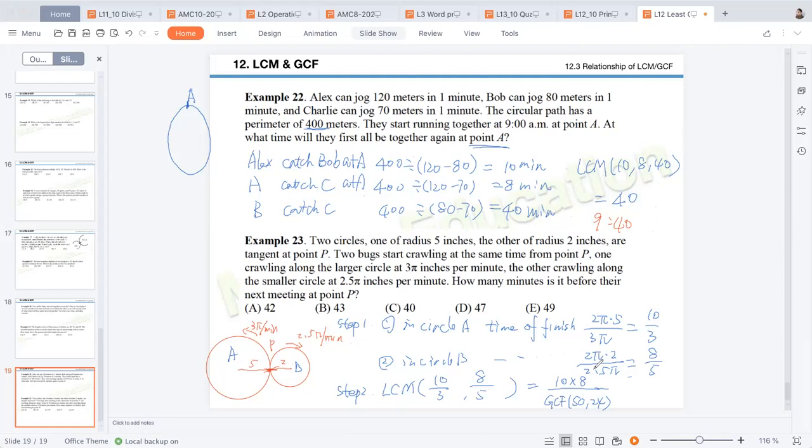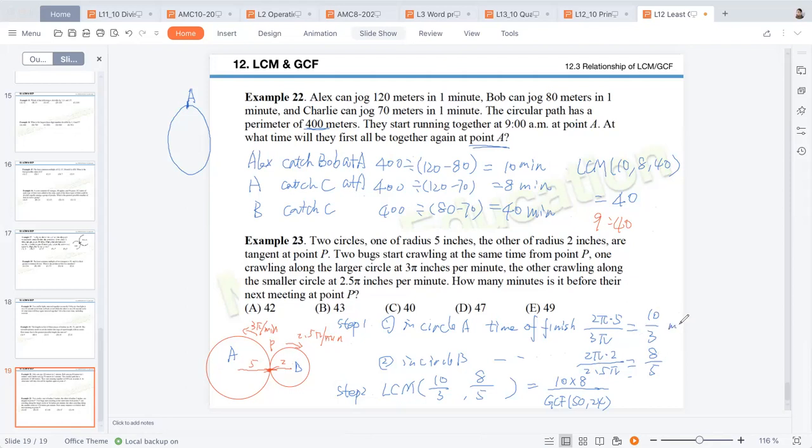So bug A finishes one circle in 10 over 3 minutes. And for the second bug, one circle is 2 pi times 2, the distance, divided by 2.5, the speed. So I calculate and I get 8 over 5 minutes.